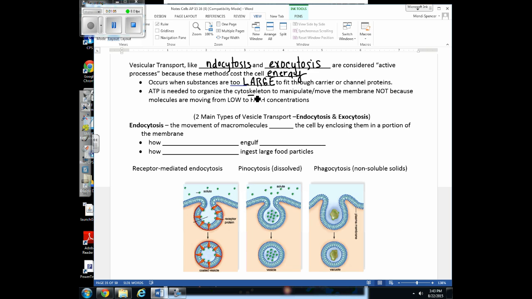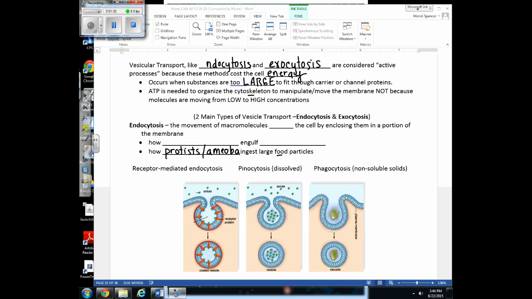So pseudopods, remember we talked about pseudopods, are like extensions where the cell membrane can wrap around substances. We mentioned pseudopods when we were talking about protists, and we said that amoebas, so I'm going to put protist, not all of them, but one example is an amoeba, forms these pseudopods and wraps around these food particles, forming a vesicle to bring those food particles into the cell for digestion.